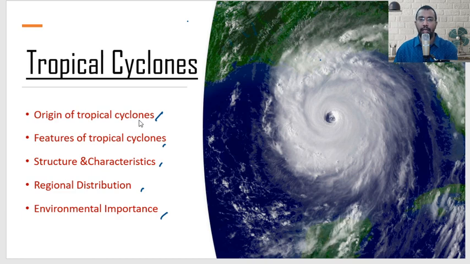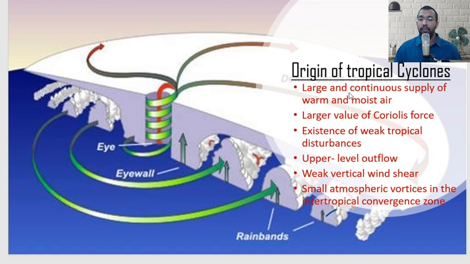Let's get into it. Now, the origin of tropical cyclones. What are the prerequisites? What are the favorable conditions for the origin of tropical cyclones? As we talk about all those things, let's learn first what a cyclone is.